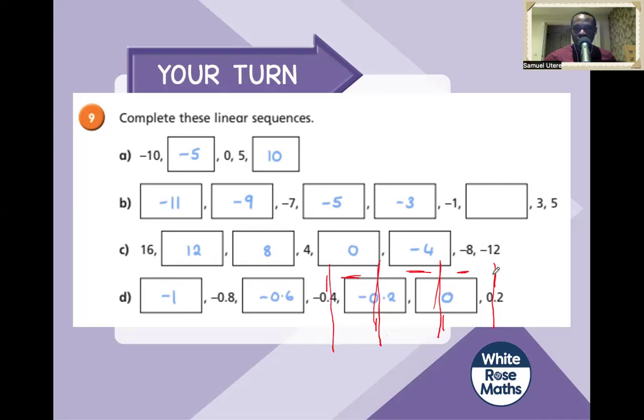So we're trying to find the difference between them.